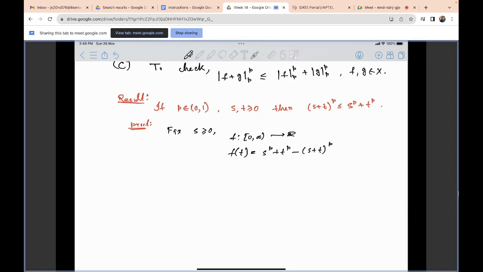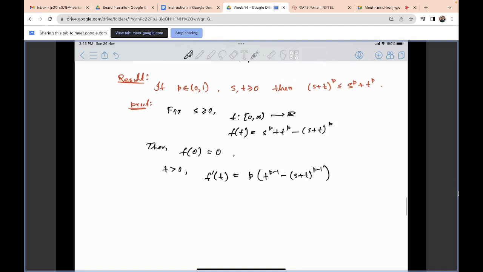Then f of 0 is 0. If you put 0, you will get 0. And for t strictly bigger than 0, calculate f dash t. If you calculate, you will get t to the power p minus 1 minus (s plus t) to the power p minus 1.